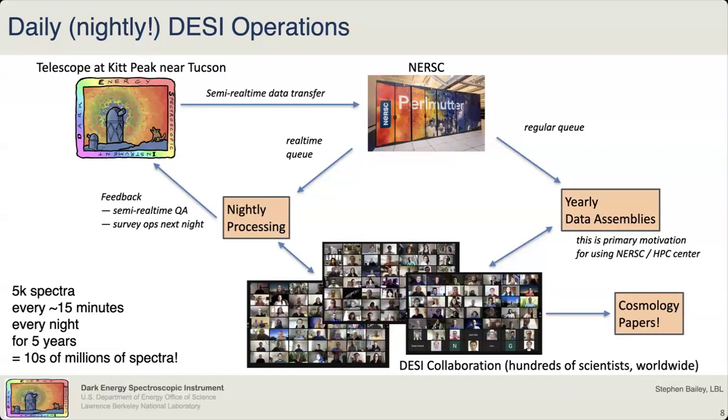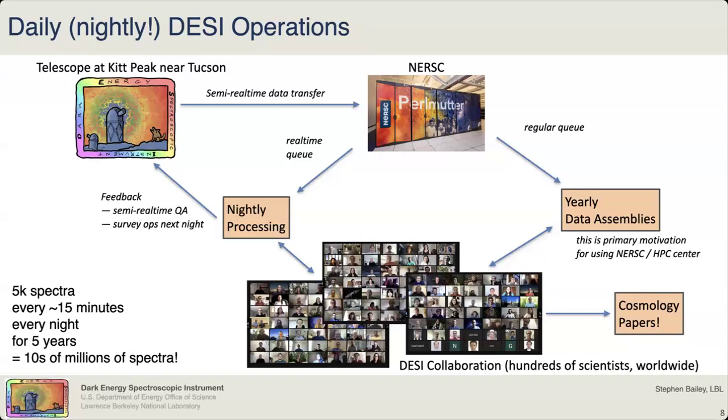At the same time, if that was all we were doing, we would probably just buy 10 big computers and call it done. The part that really drives us to wanting to use NERSC is this other path: every year or two, we reprocess all of the data we've taken to date using our latest algorithms and latest calibration, and we don't want to have to wait around years' worth of processing to do that.